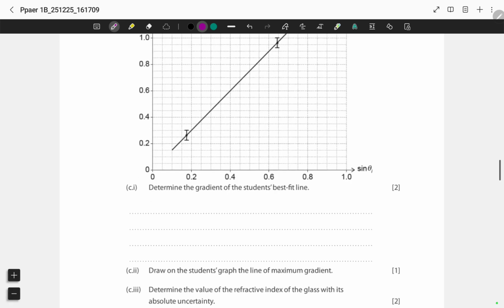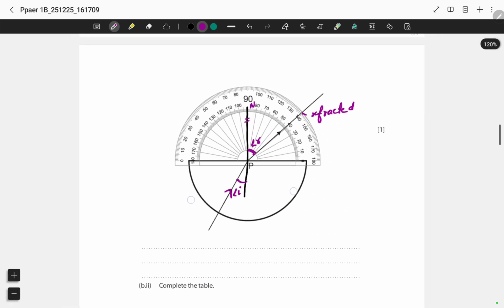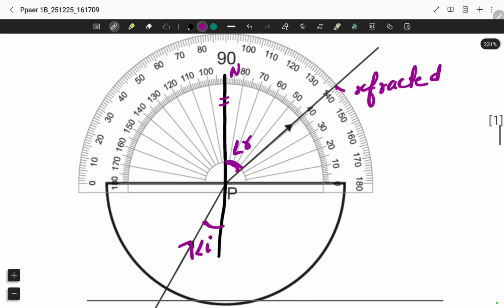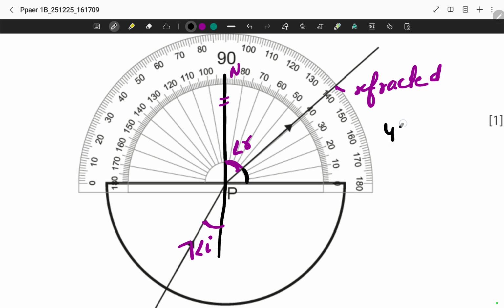If I measure it correctly, I will zoom in onto it. This angle is 41, but I want angle r, which is the purple angle, and this entire thing is 90.